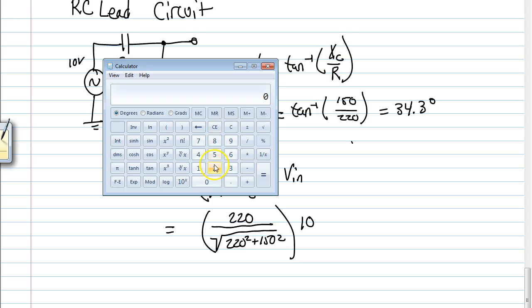Alright, start with 220 squared plus 150 squared. Alright, and then I'm going to take the square root of that. And then multiply that by 10.